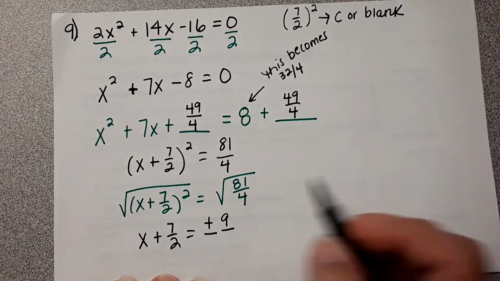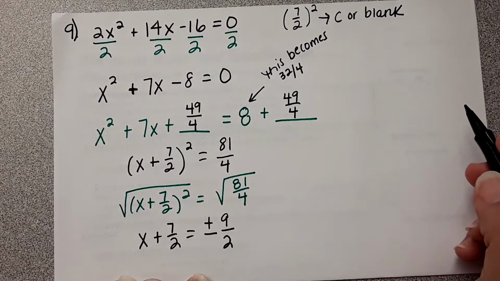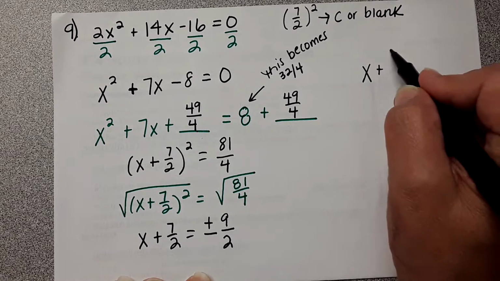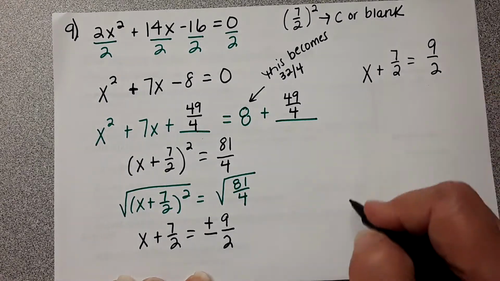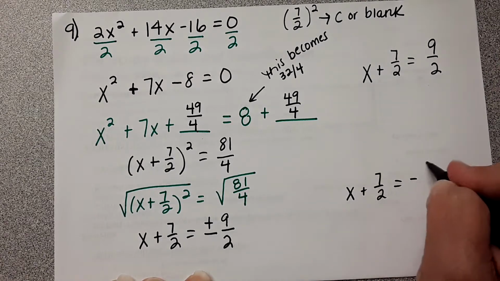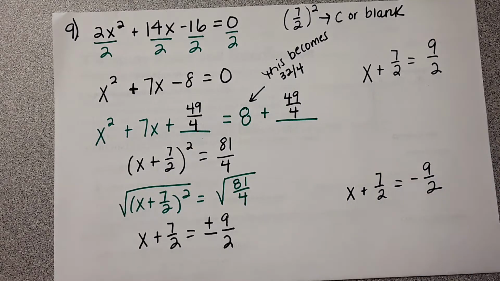What is the square root of 4? Now we have two answers. x plus 7/2 equals positive 9/2. x plus 7/2 equals negative 9/2. So we're going to solve both of those.